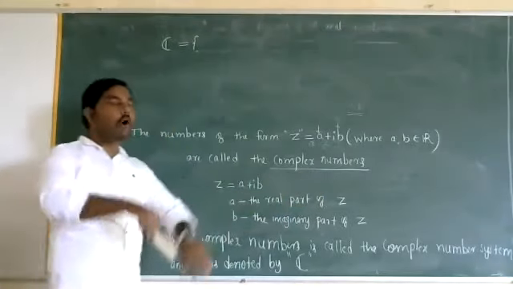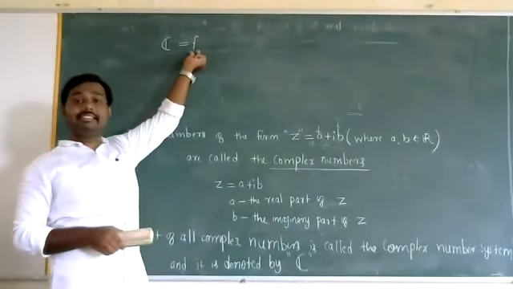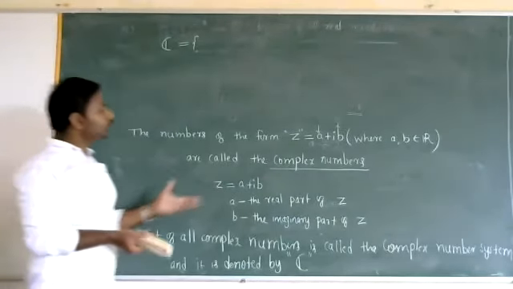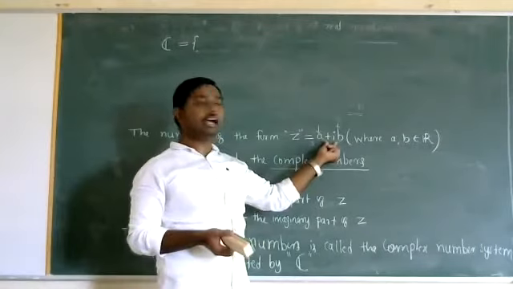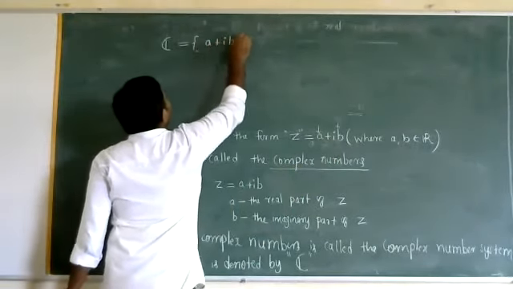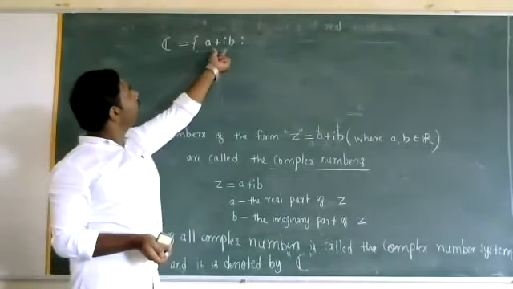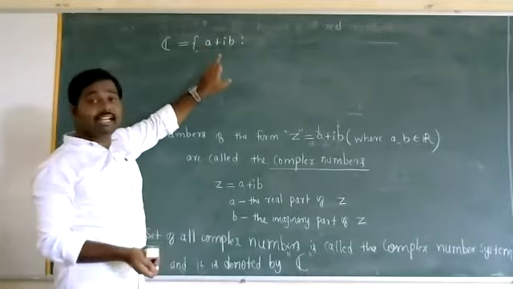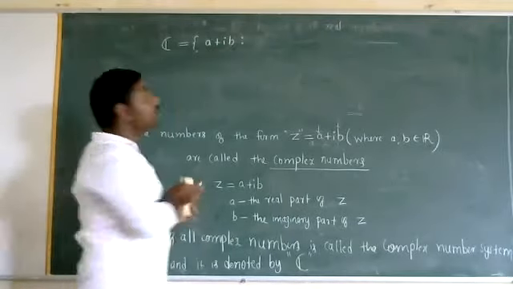I have to collect all the complex numbers under a single set, and then it will form the complex number system. How are the complex numbers? They are of the form a plus ib. So I have to collect all the numbers of the form a plus ib, where the condition is that a and b are real numbers.